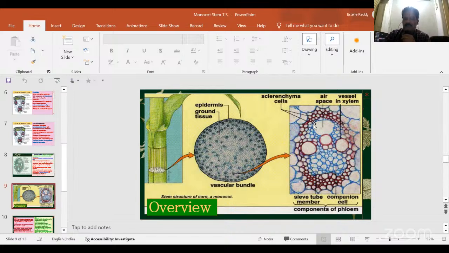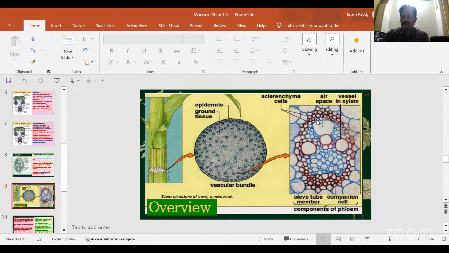Lysigenous cavity. What do we mean by lysigenous cavity? Due to disintegration of this protoxylem, this cavity is formed. It is generally filled with air, or sometimes water, in the space formed after the disintegration of protoxylem.